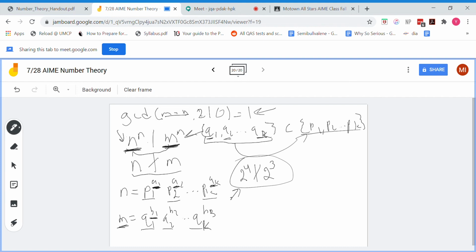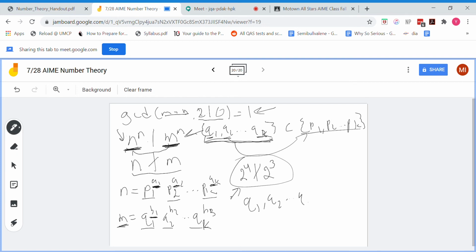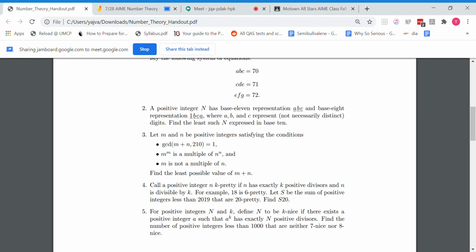So if m plus n is divisible by that, then none of these prime factors can be prime factors of 210. That means none of them can be 2, 3, 5, or 7, which means they must obviously be at least 11.